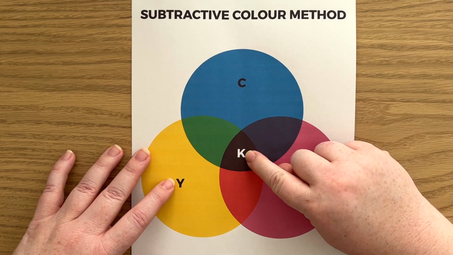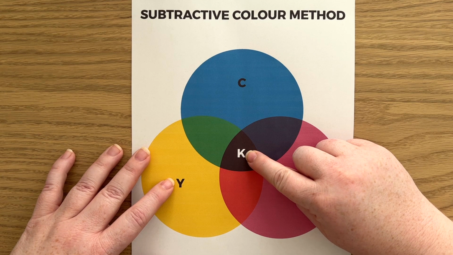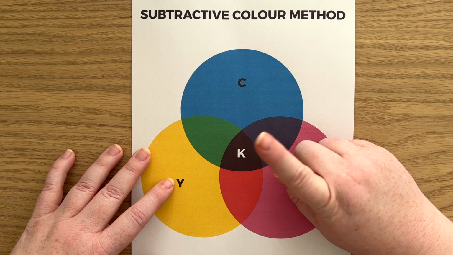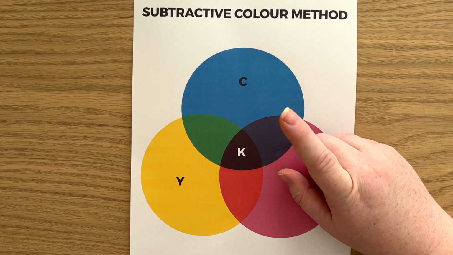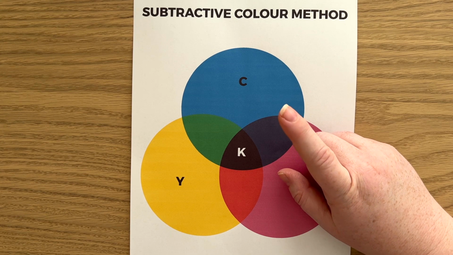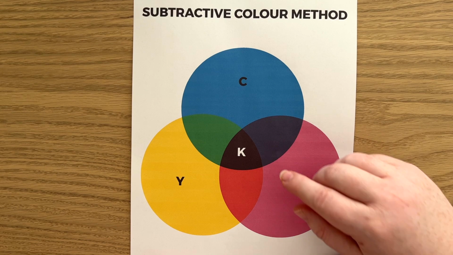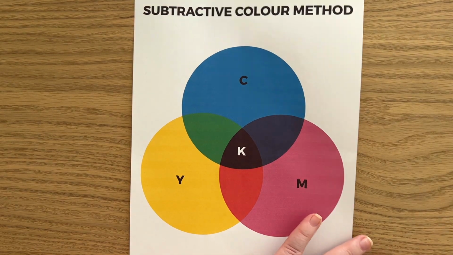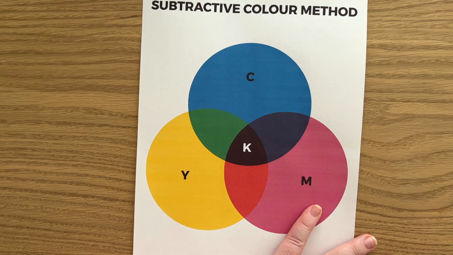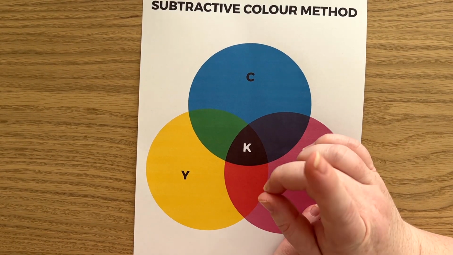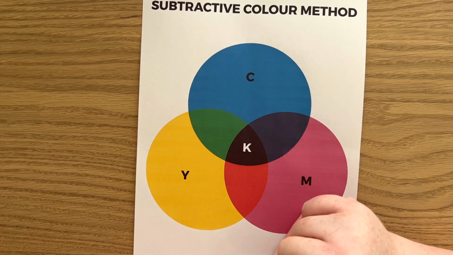And then black is represented as K because it is the key colour, as this colour combination enables printers to produce a wider variety of colours. Coloured pencil sets that we use often have a combination of both red, blue and yellow pencils and cyan, magenta, yellow and black pencils.